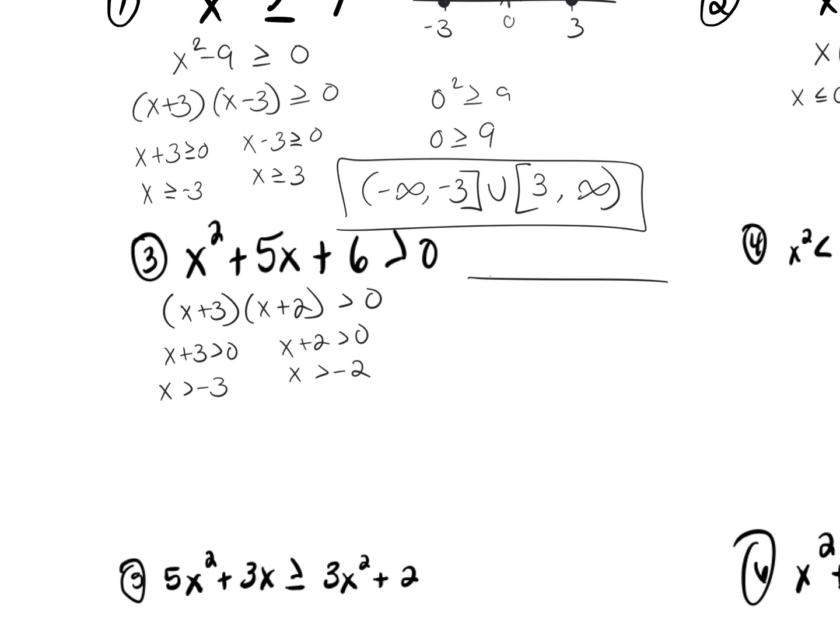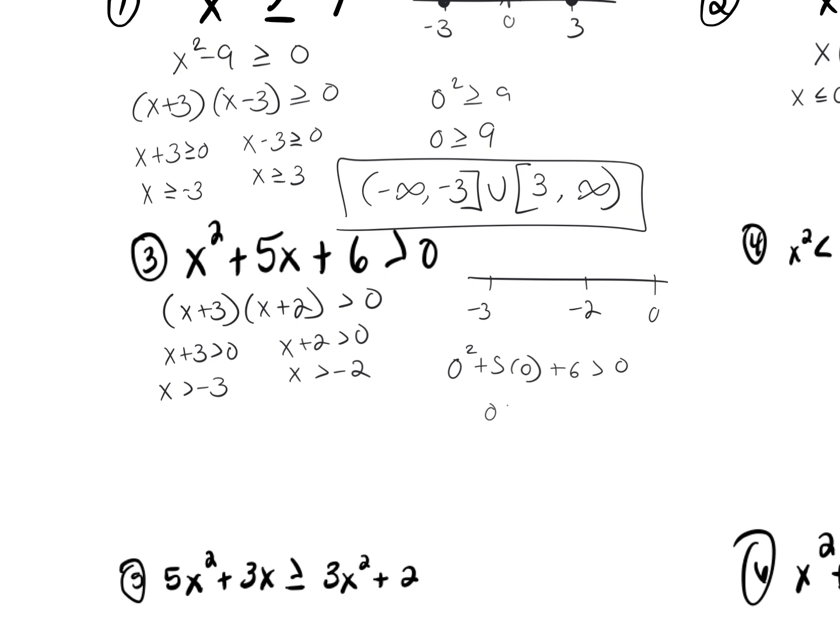We go ahead and plot them, negative 3, negative 2. Now you can test whichever one you want. I'm actually going to go ahead and test right here. 0 would be right here, so I'm just going to plug in 0, see what happens. So 0 squared plus 5 times 0 plus 6 is greater than 0.